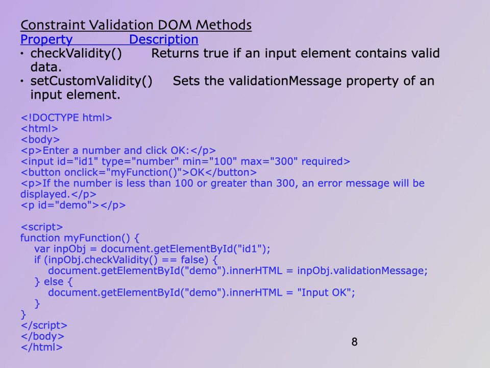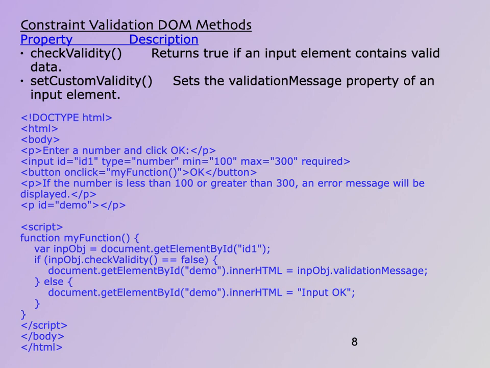If the value comes in between 100 and 300, including 100 and 300, there will not be any error message. In that particular case, the checkValidity method will return true. So obviously, inpObj.checkValidity() equal to false, this particular condition will become false, and the else part will be evaluated. So the "Input OK" message will be displayed if the entered number is in between 100 and 300.